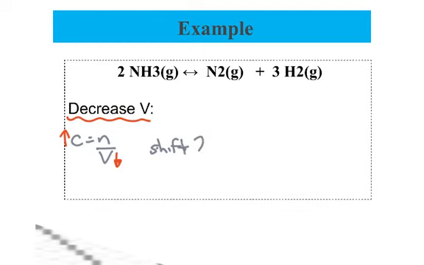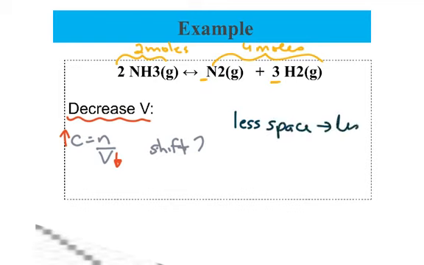So let's have a look at our equilibrium. On the left-hand side, we have 2 moles of ingredients. And on the right-hand side, we have 1 plus 3 for a total of 4 moles of ingredients. So we just decreased the volume, which means less space.